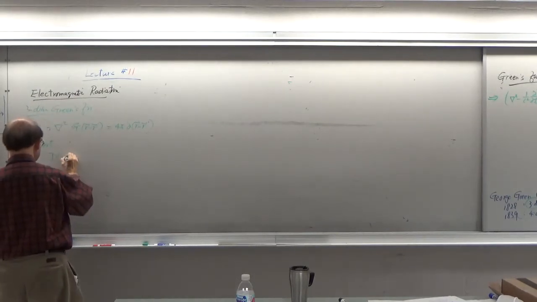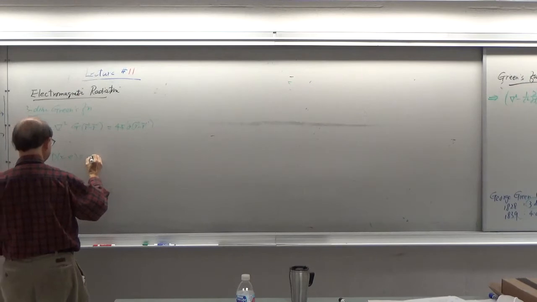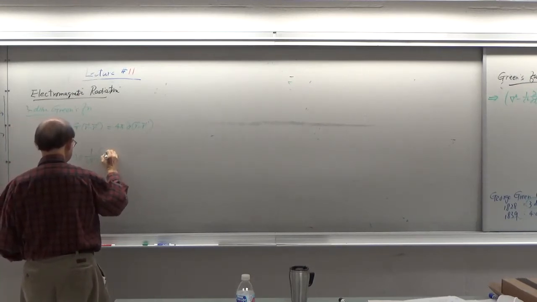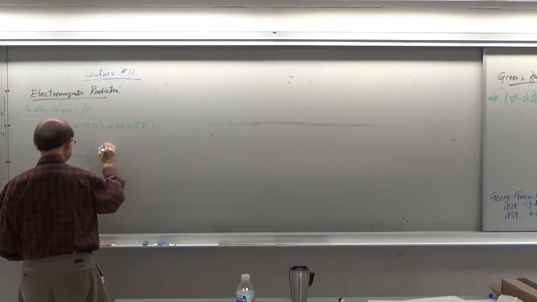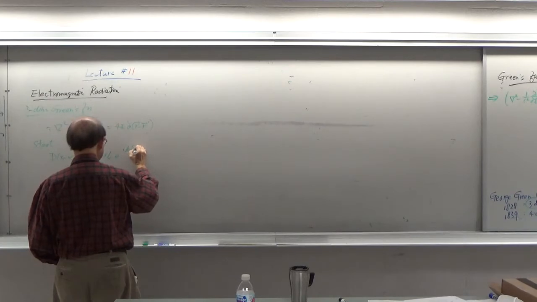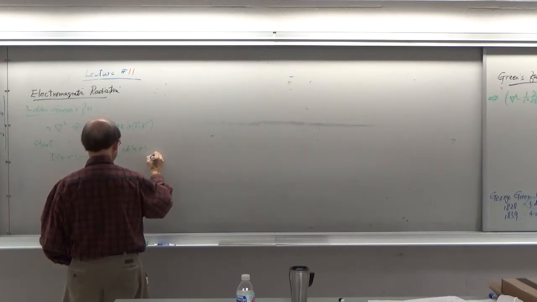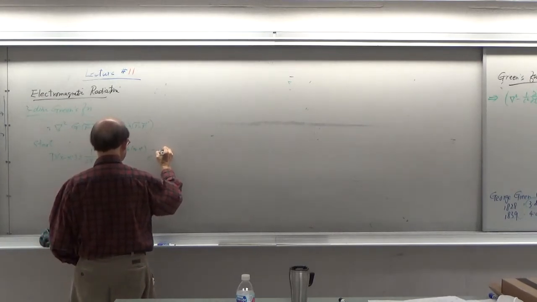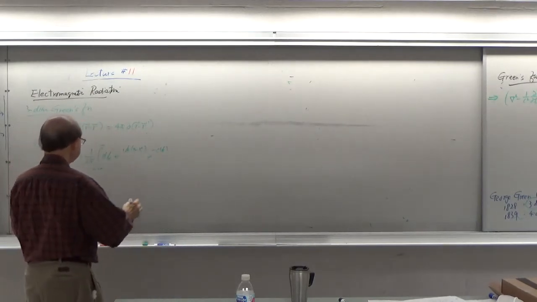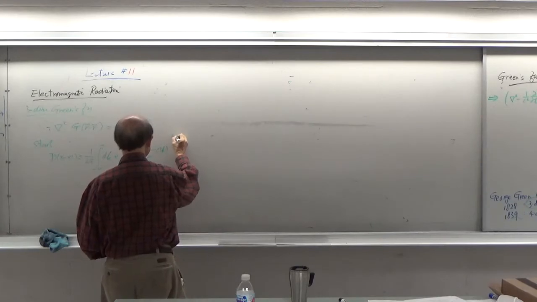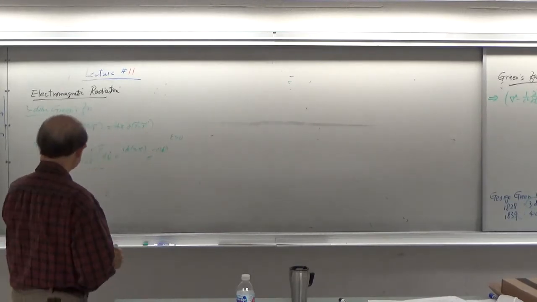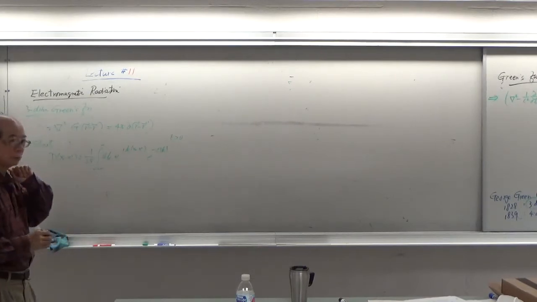So D of x minus x prime is defined to be 1 over 2 pi, integral dk from minus infinity to infinity, of e to the i k (x minus x prime), times e to the minus epsilon magnitude k. And epsilon is a positive constant.